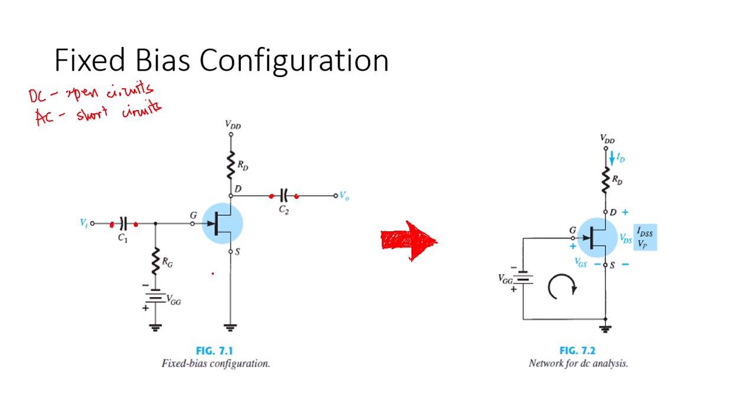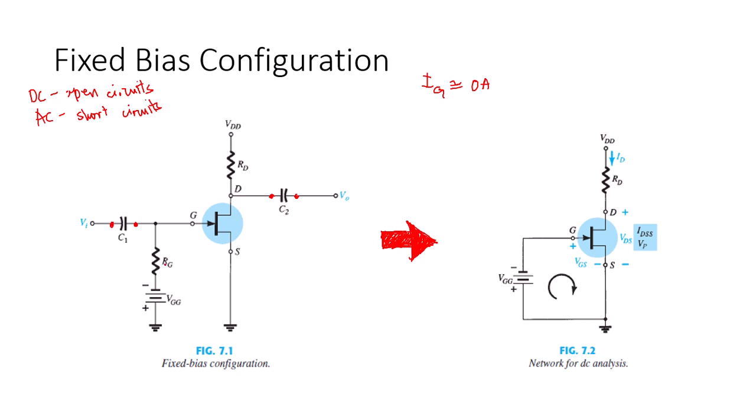So here the resistor RG is present to ensure that the input voltage appears at the input to the FET amplifier for the AC analysis, which will be discussed later. So for the DC analysis, IG is approximately equal to 0 amperes.